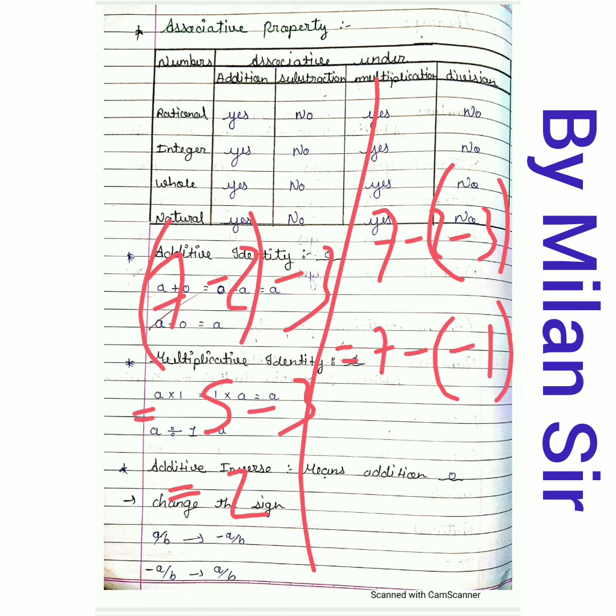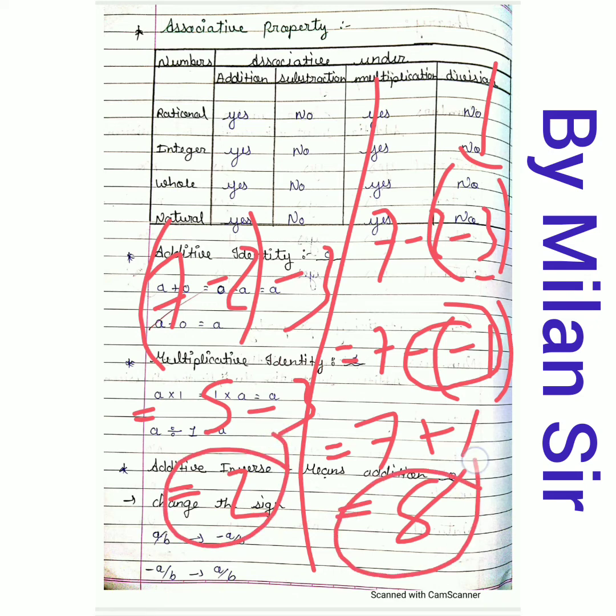First of all we need to decide. So 3 minus 2 is 1, the bigger number is 3 here, and its sign is minus, so minus 1. Now minus minus plus 1, so 7 plus 1, our answer is 8, right? In the first case we get 2, in the second case we get 8.